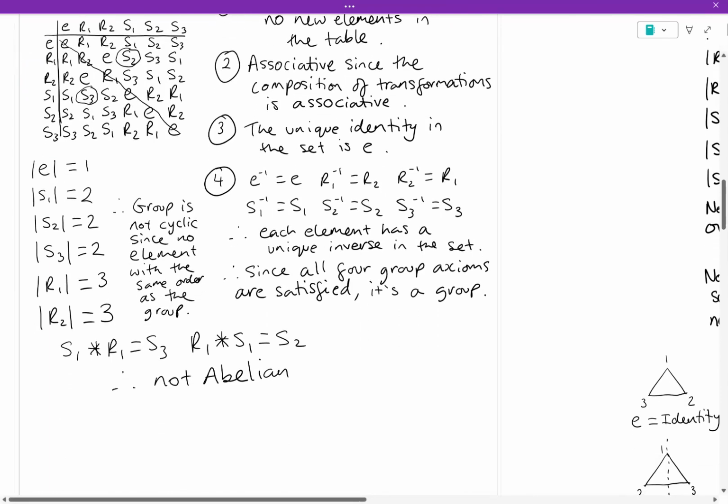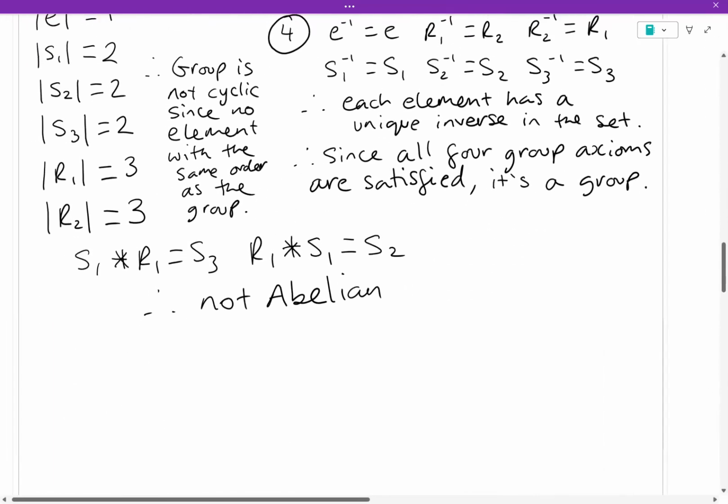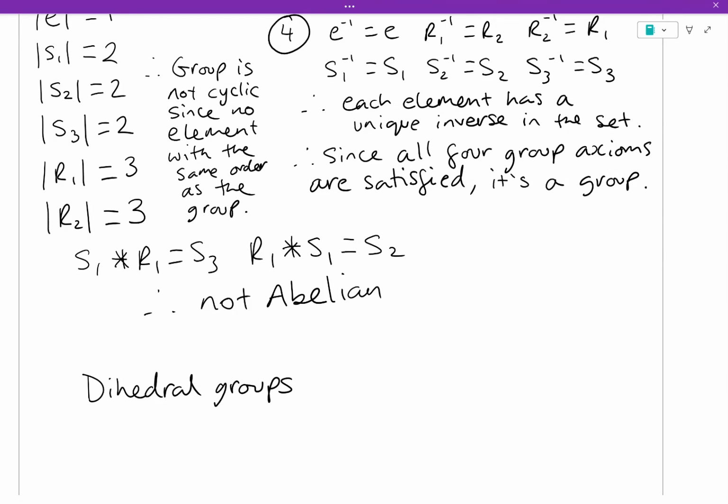Now, in terms of a name that we can give to our symmetry group, these are called dihedral groups. And the notation we use to represent them, which you don't technically need to know, is either Dn or D2n. So n represents the number of vertices on the shape.